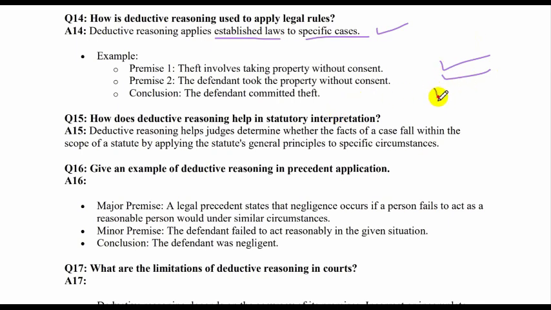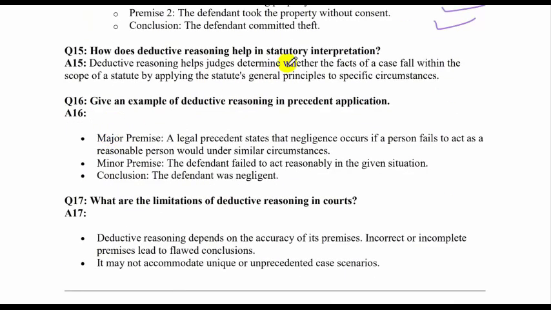Therefore, the defendant committed theft. That's the conclusion. So deductive reasoning applies established laws to specific cases. It moves from general premises to a specific conclusion.